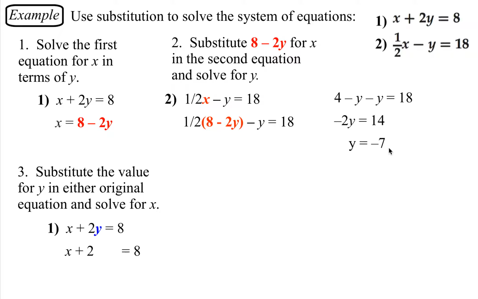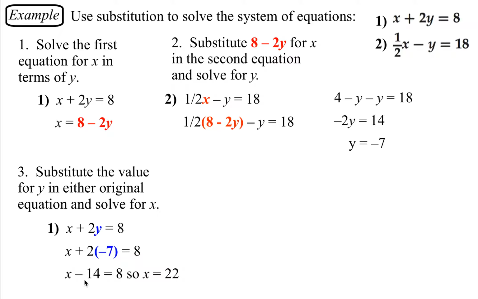We're halfway there. Now you can take this -7, that's what y is equal to, and substitute it into any of the equations that we started with. So I have chosen the first equation, x plus 2y equals 8, and I'm going to replace that letter y right here with the value -7. So 2 times -7 is -14, so we get x minus 14 equals 8.